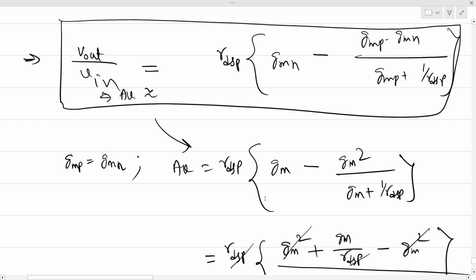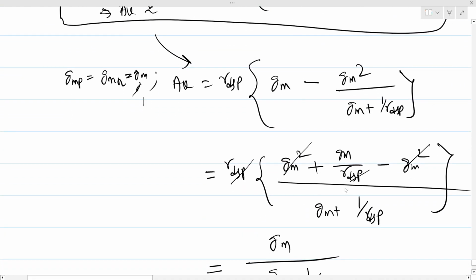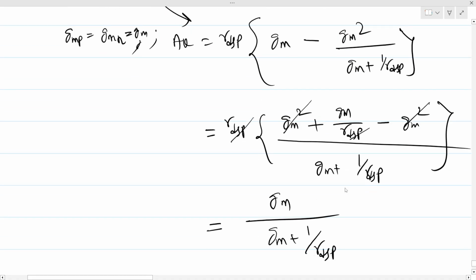Now if I take GMN equal to GMP equal to GM, it will be RDS. Yes, okay. So it will be GM square plus GM by RDS of P minus GM square, divided by GM plus 1 plus RDS of P.